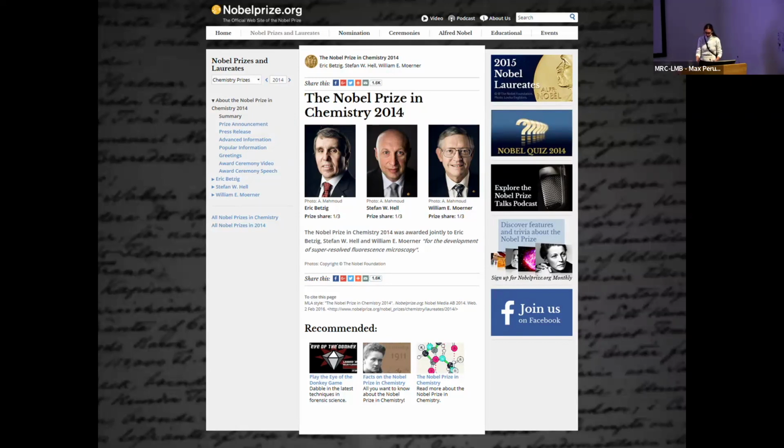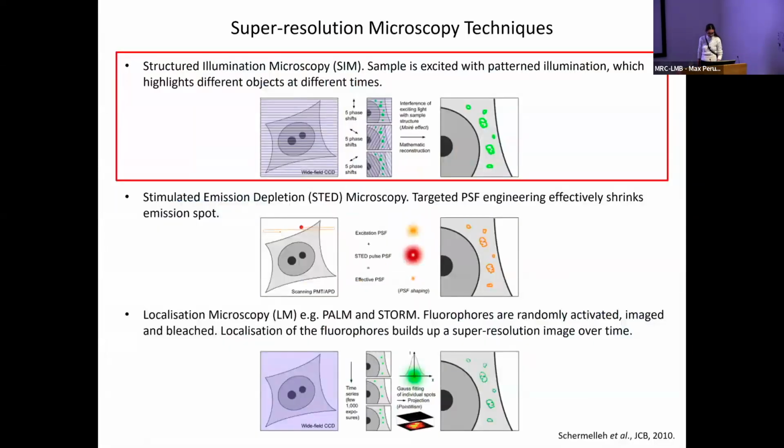By combining the two, they were able to break that hard limit in resolution. And the people who allowed the development of those techniques were even rewarded a Nobel Prize for it. So now I'll start explaining the three super resolution techniques that we have available here.